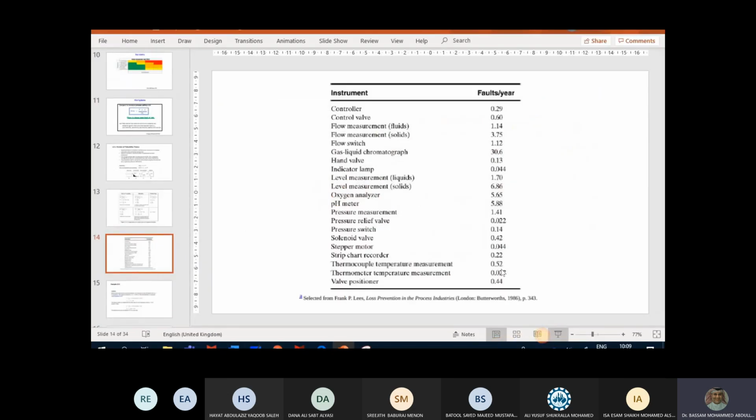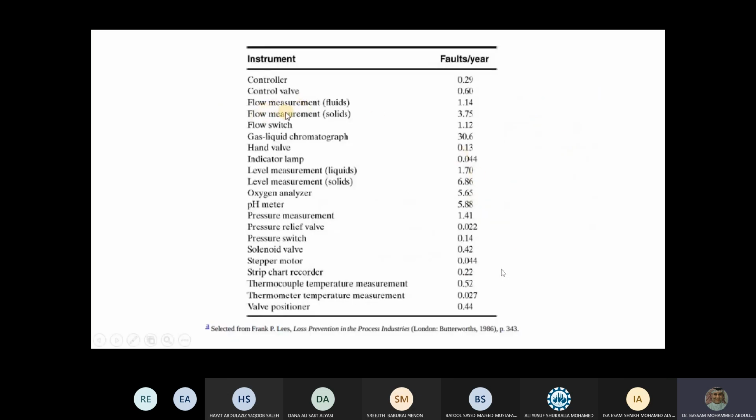So what do we have here? We also want to compare the flow measurements for fluids and flow measurements for solids. If you have a flow of solids, you always have failure much higher than with a fluid. Why? Fluid is much more smooth. Solids block and cause some problems.